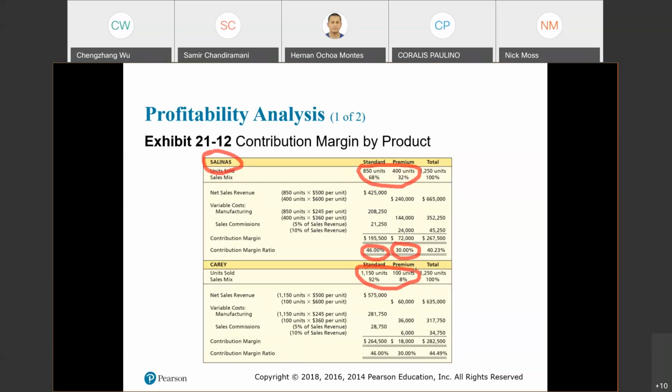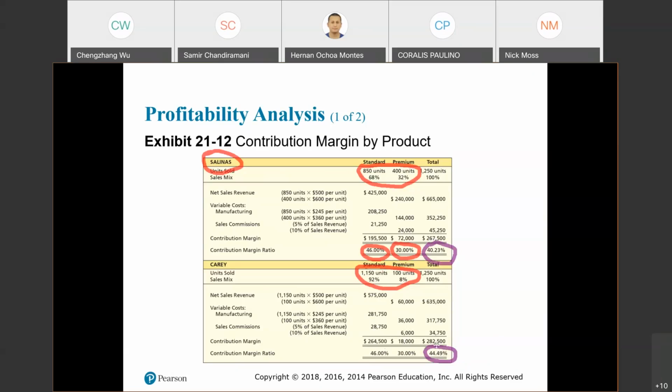That is Carrie's case. Please note here, you should pay attention to this amount, the total contribution margin ratio.